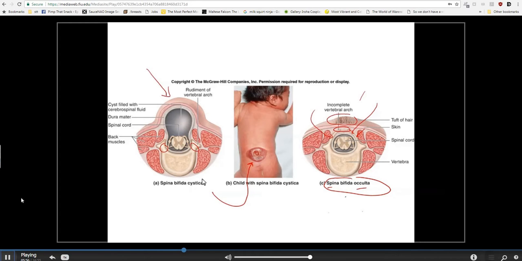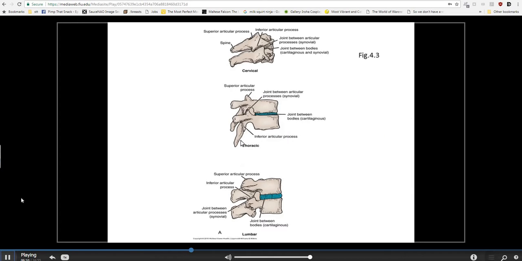In spina bifida cystica, there is literally no development of the lamina. Therefore, that creates a bulge of CSF pushing through and breaking the skin in the newborn. This is showing you a lateral perspective of the vertebral column, how they articulate. Here are the facets.